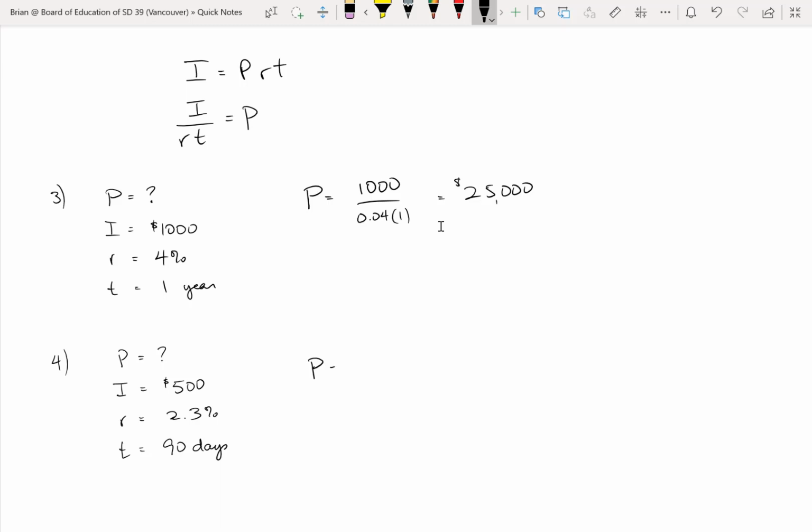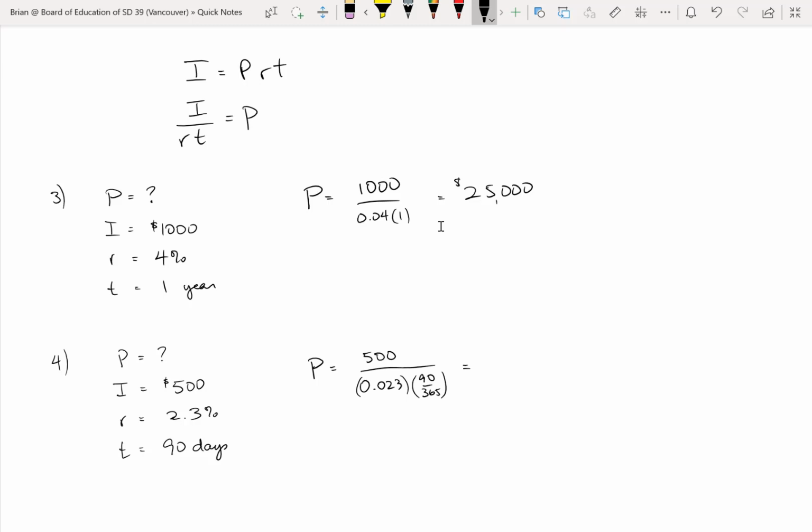We get the principal is equal to I over 0.023, and again, here, to save yourself from figuring out what 90 over 365 is and writing down some long decimals, just write it in as 90 over 365. Okay, but here you're going to have to practice this a few times if you're not familiar with doing this sort of calculation on your calculator, because time and time again I see students make mistakes here.